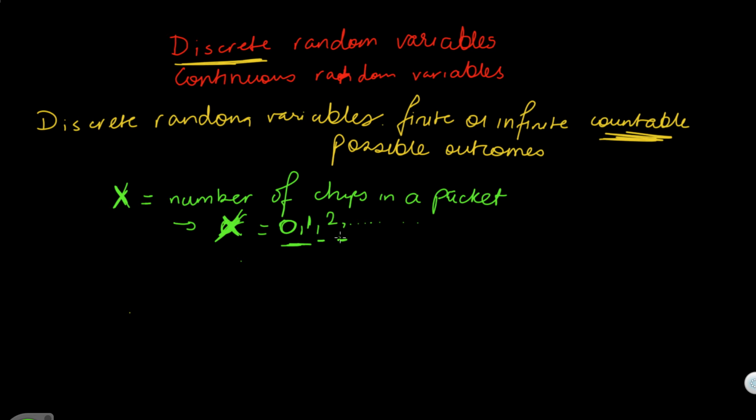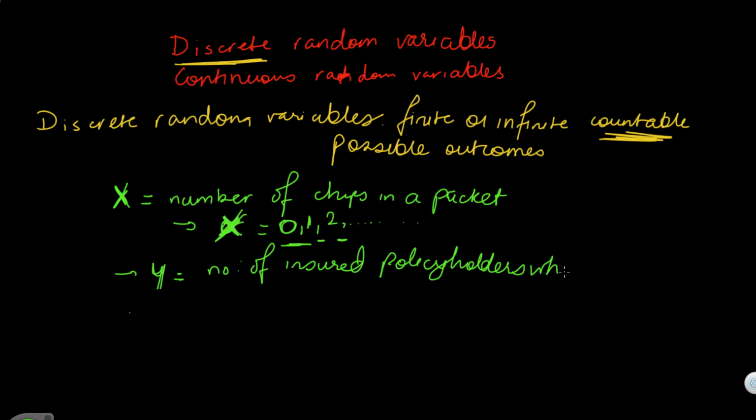Another example of a discrete random variable is, let's say in an insurance context, y. Y is a random variable that defines the number of insured policyholders, so the number of people that you insure, who will make a claim in the next month.